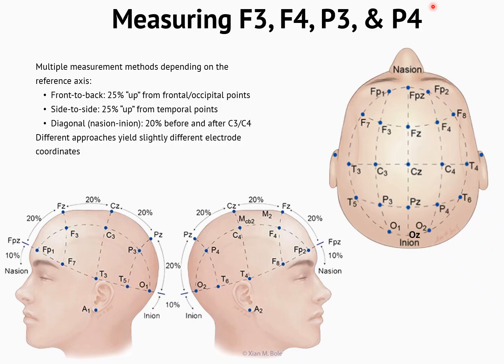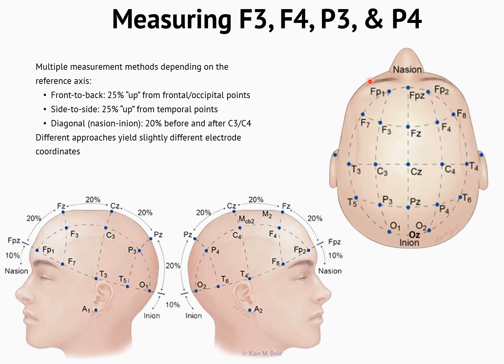And then we have the side-to-side method. In this case, we measure from our side electrodes. So we measure from F7 to F8 to find F3 and F4, and then we measure from T5 to T6 to find P3 and P4.